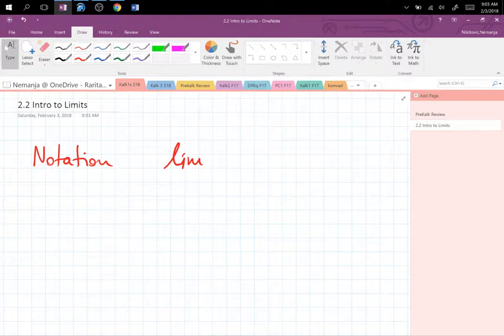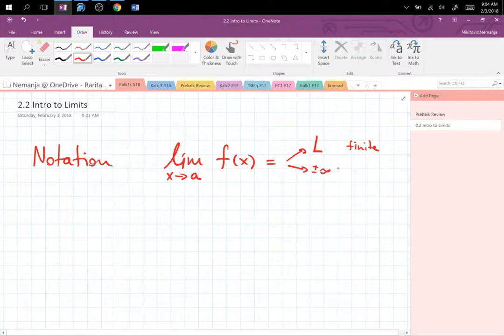Limit as, let's say, x approaches some number a, like x goes to 3 or something like that, of whatever function goes there, is going to give you either a limit, which is a number, so I'll call that finite limit, or it's going to give you one of the infinities, that's infinite limit, or it's going to give you does not exist. So this is the notation, and these are the things that you can expect as answers.